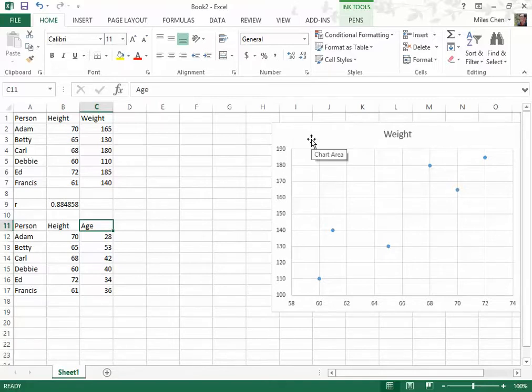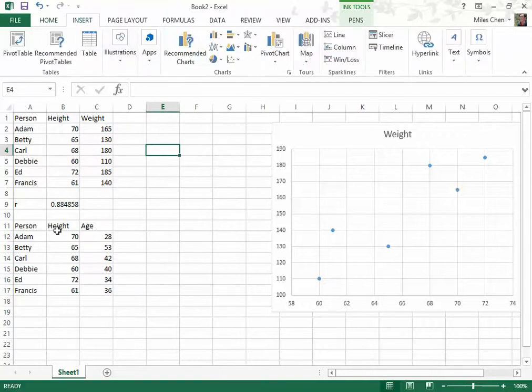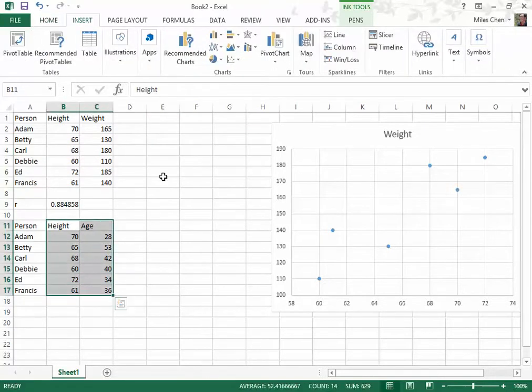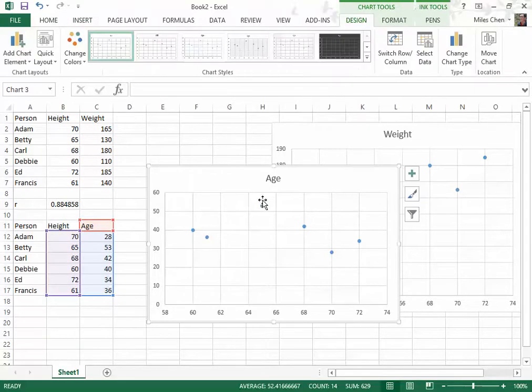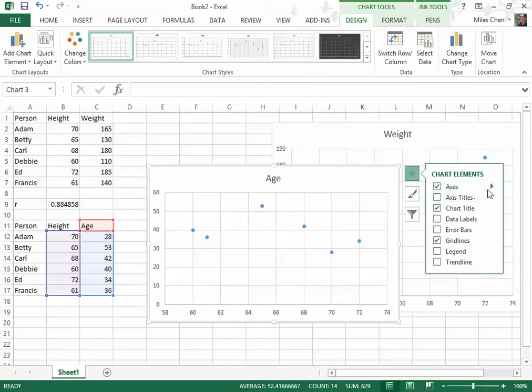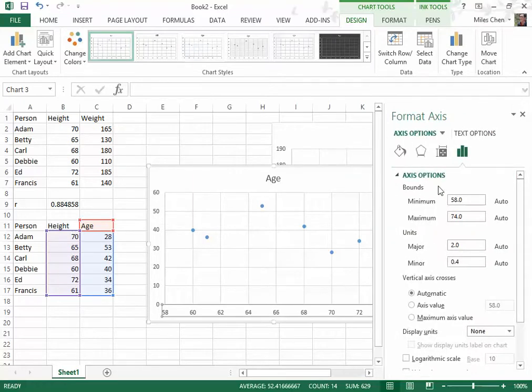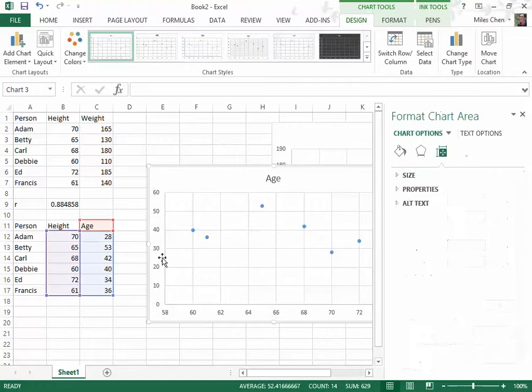I should probably make its own page. So we're going to insert a scatter plot. I'm going to highlight height and age, and we're going to do a scatter plot here. Okay? And again, I'm going to edit the axes here and change the vertical axis so maybe it starts at 20.